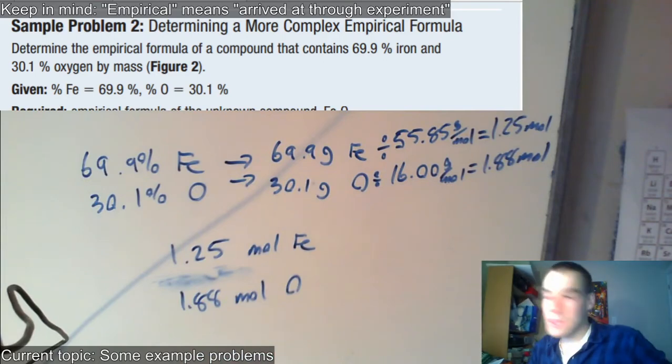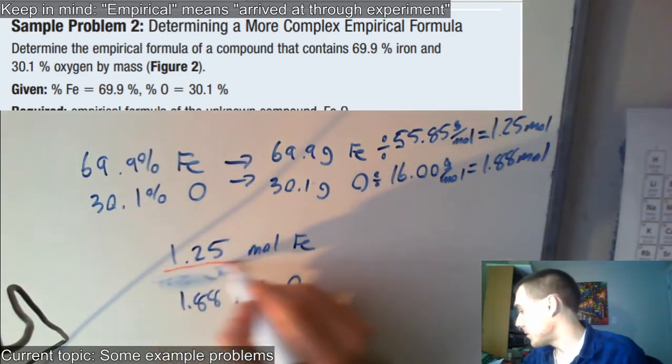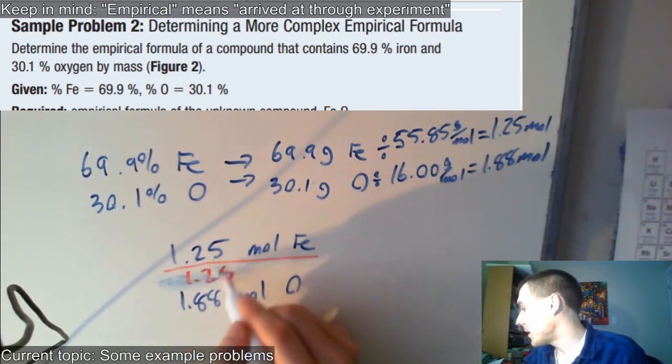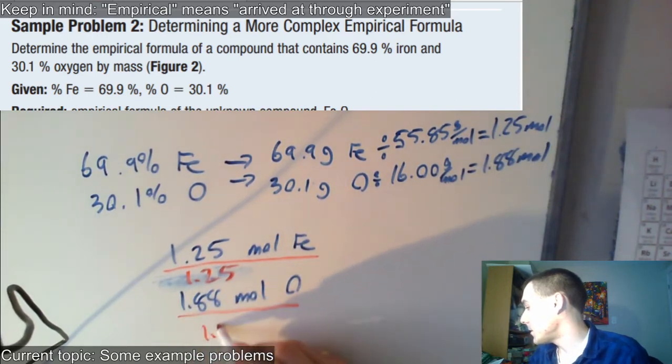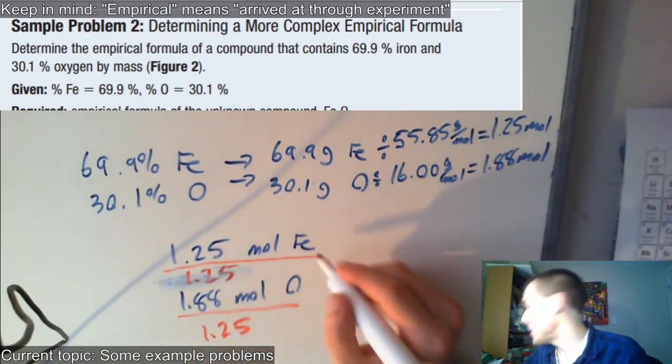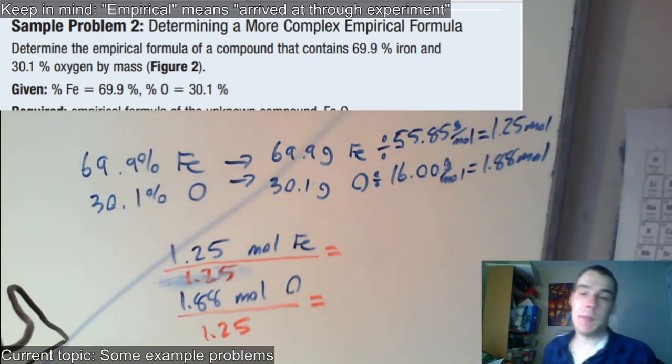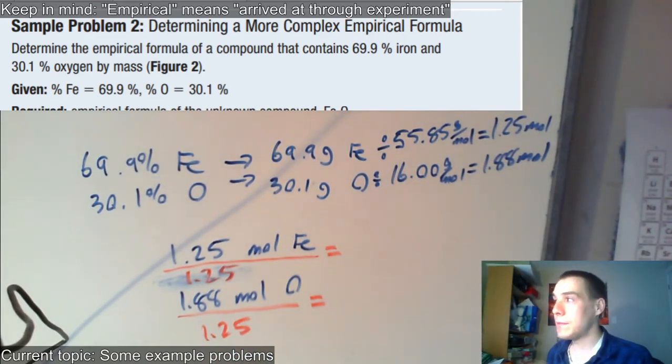Now we're going to divide by the smallest number. We want to find that ratio. So we divide by 1.25, and divide this by 1.25 too, so we're dividing by the same number. Just like in math, if we do the same thing to both things, we keep the same ratio.